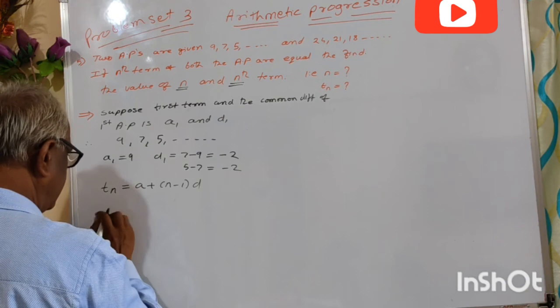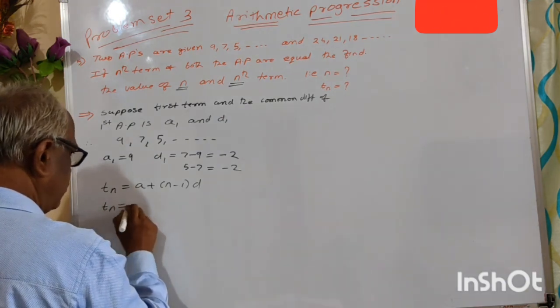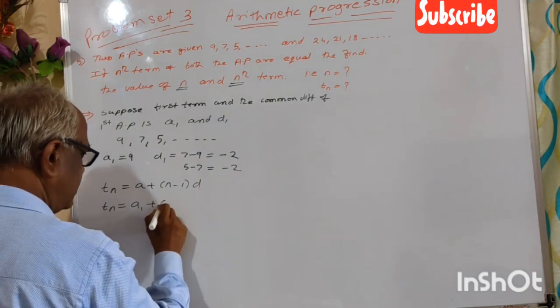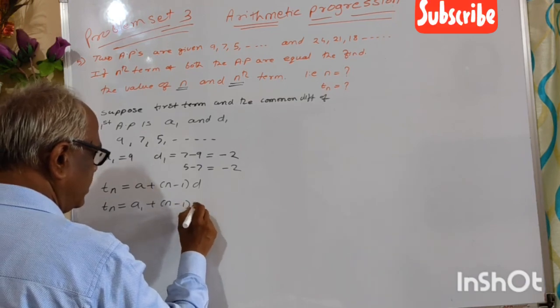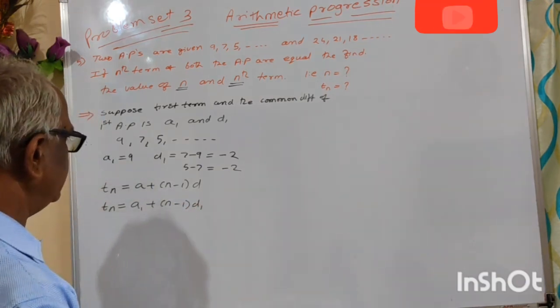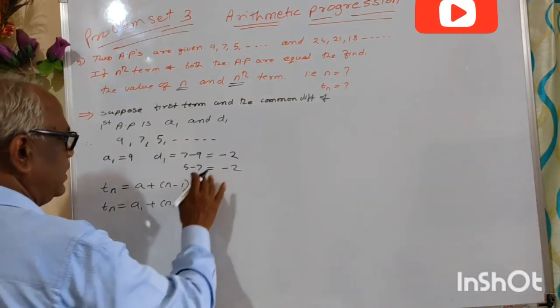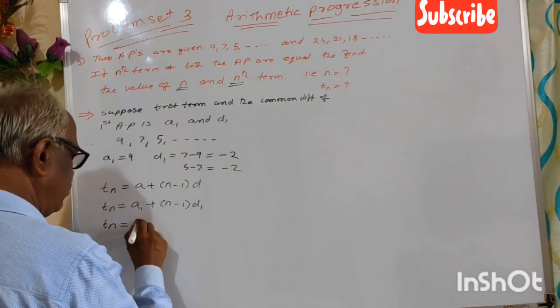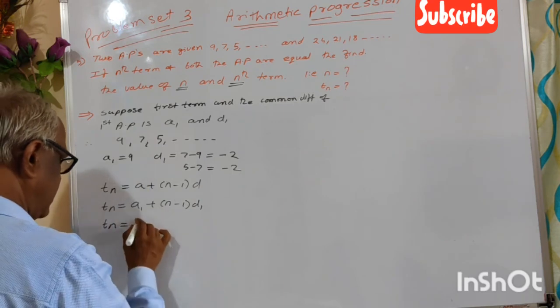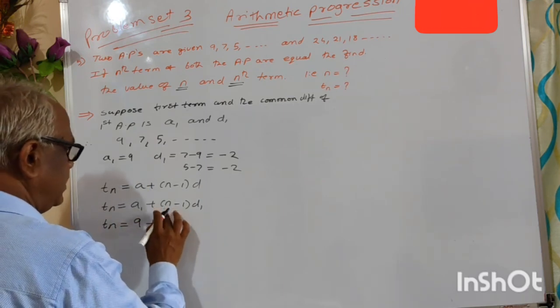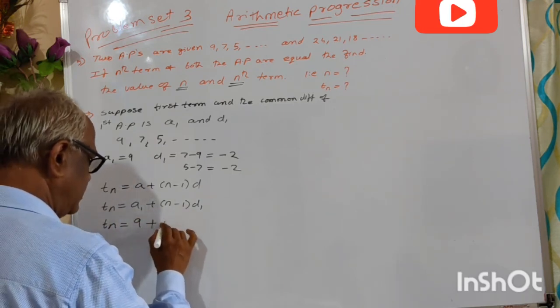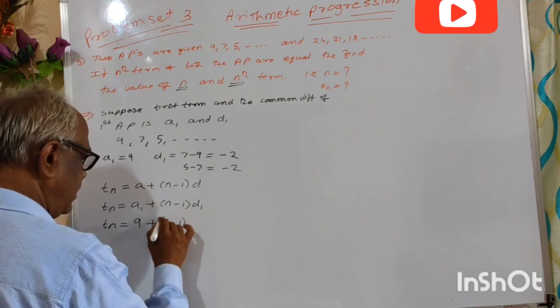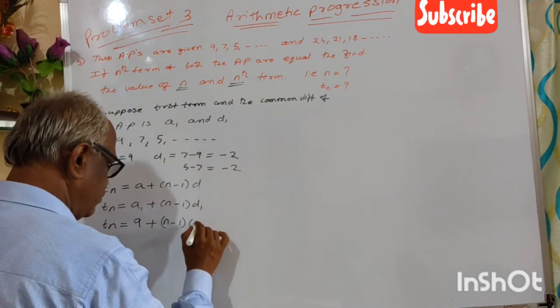That is, Tn is equal to A1 plus (n minus 1) into D1. D1 here we know, A1 value is 9, plus (n minus 1) into D1, which is minus 2.